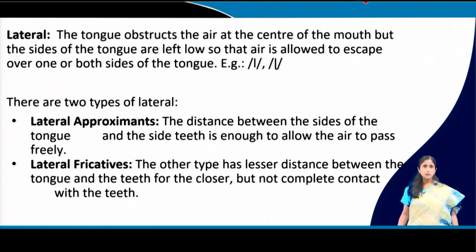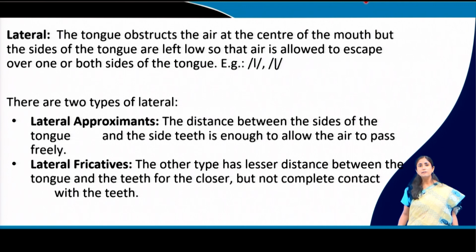There can be two types of laterals, one is lateral approximant and one is lateral fricative. The main difference between the two is that the closure in one is more, while the closure in the other is less. In fricatives, as I mentioned, the amount of air that escapes is lesser than in approximants. The same thing we also see in lateral approximants and lateral fricatives.